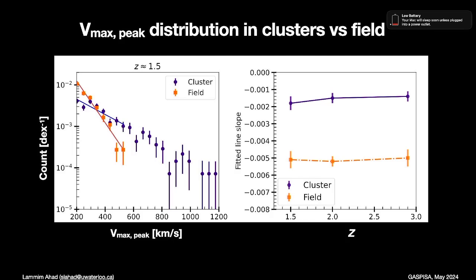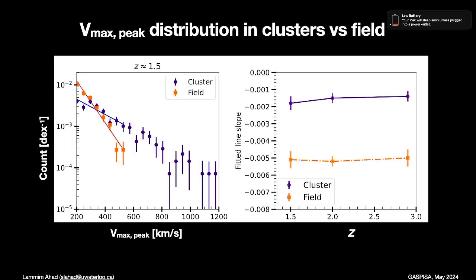And as you can see, above 300 Vmax peak, we see that there is a higher number of galaxies in clusters compared to the field. So basically, the slope of how the total number of halos are distributed is completely different in cluster and field.